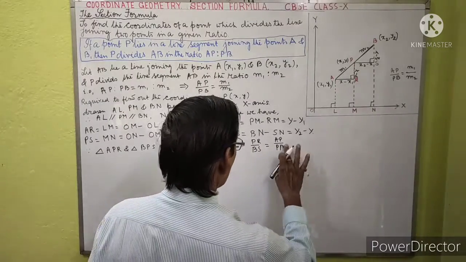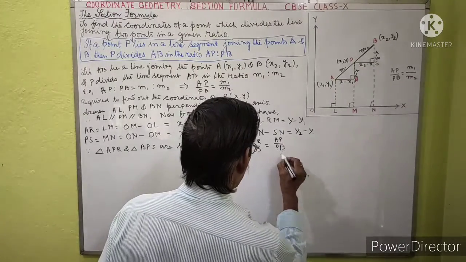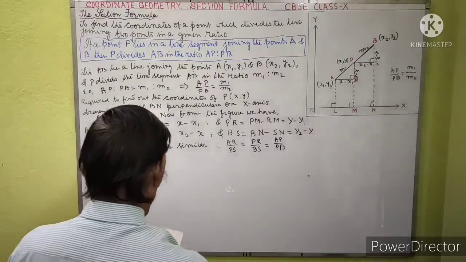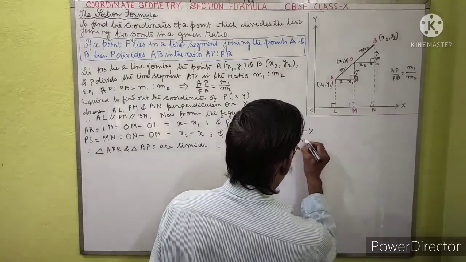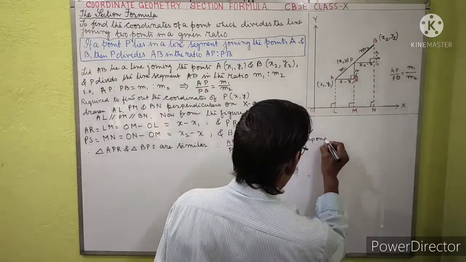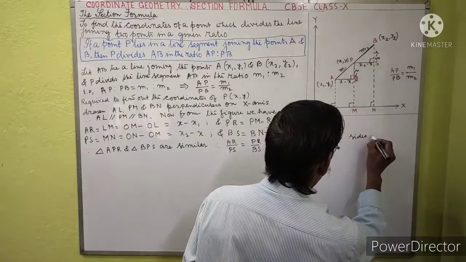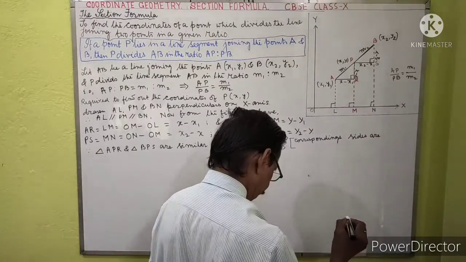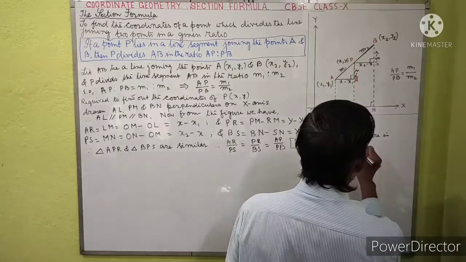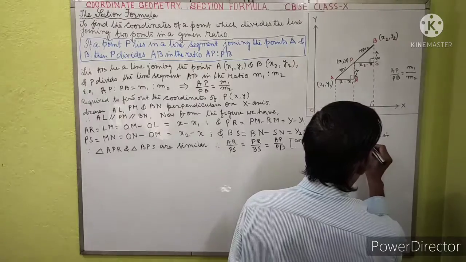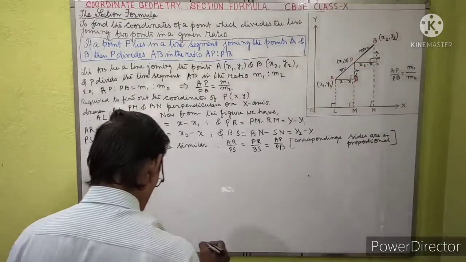Why? Because corresponding sides of similar triangles are proportional.